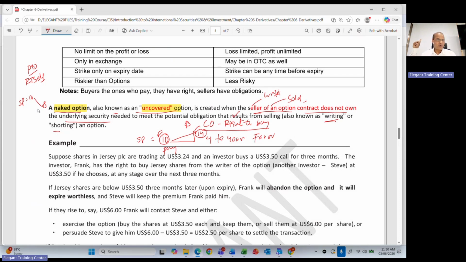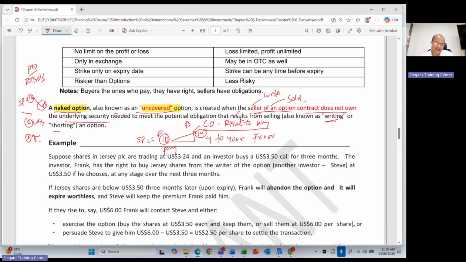When you say, hey, I want to sell, he will pay you $10. But the market price is only $8. He's paying you $10. So he will lose $2. That's his loss, and $2 is gain for you. So the seller is always having obligations, and the buyer always having a right.